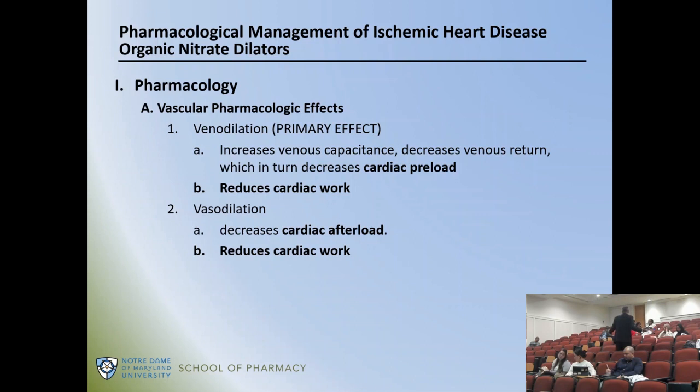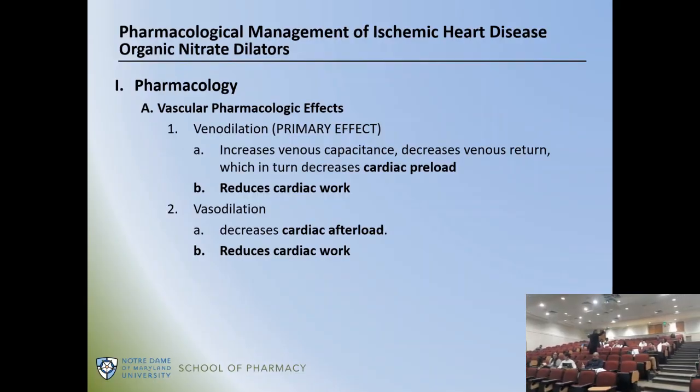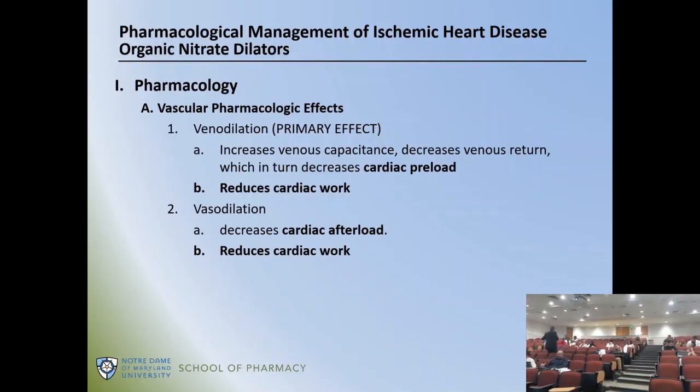That's really it, okay? So you've got these 2 major categories, and within these 2 major categories, you've got 3 different mechanisms that will reduce cardiac work and 2 different mechanisms that will improve coronary blood flow, right?